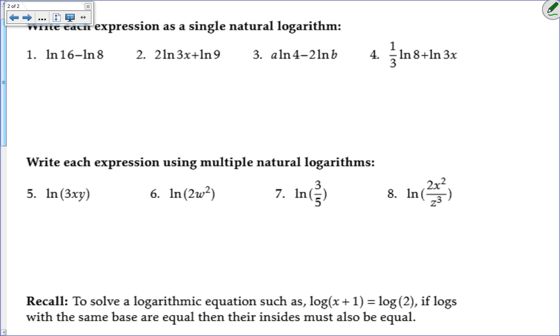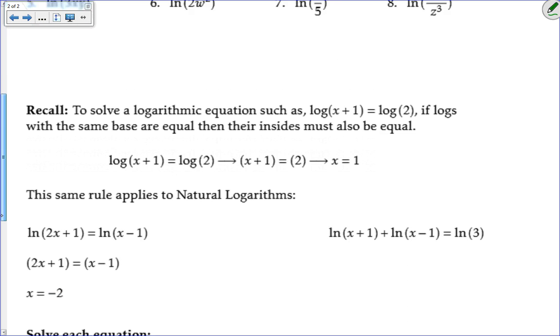And I know that these might be a little bit more complex than what we're used to, but I think that if we use the rules and go step by step, we're going to be okay. All right? So give these a shot for homework, and we'll take care of it, okay?